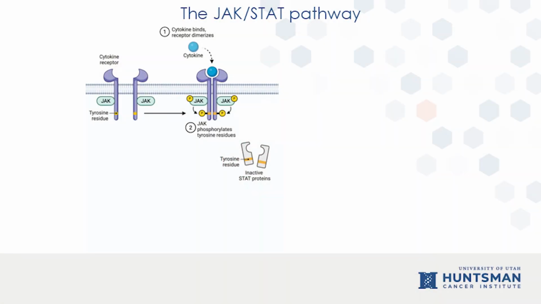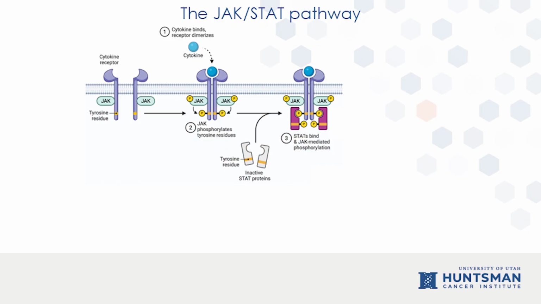And so when JAK activates itself and activates the receptor, what happens is you have these STAT proteins that are sort of floating around the cytosol, the inside of the cell, not active. And once the receptor is phosphorylated with those yellow P's, those STATs can now bind to the receptor, and now they're close enough to JAK to also get activated by JAK.